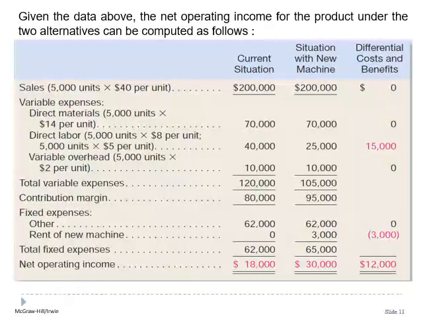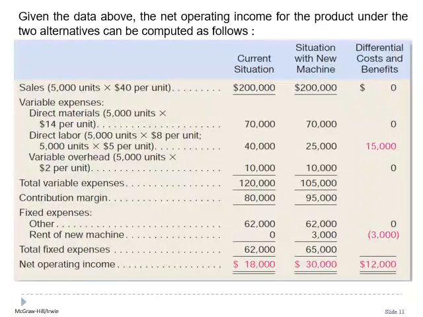When we are calculating the differential cost and the benefits, I say current situation minus the proposed situation. Current situation minus the situation with the new machine.